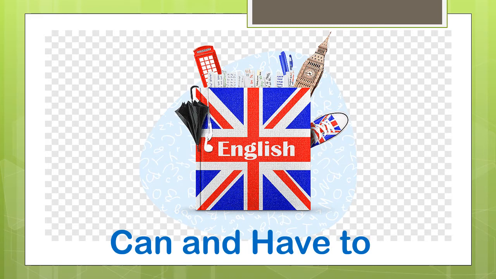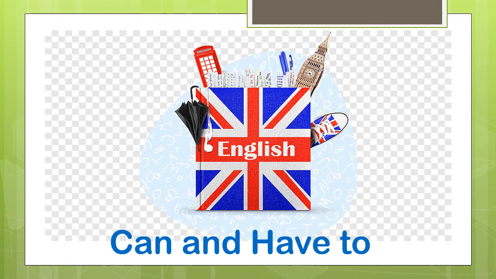Today it's a pleasure for me to be with you through this video in which I'm going to explain two of the most important auxiliary verbs. What are these two auxiliary verbs? The auxiliary can and the auxiliary have to.